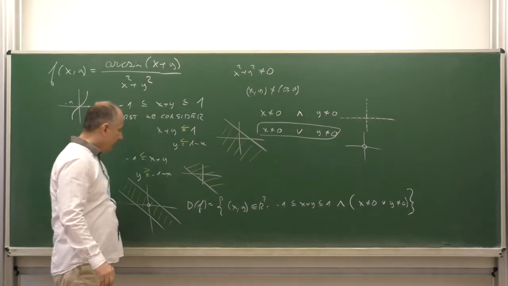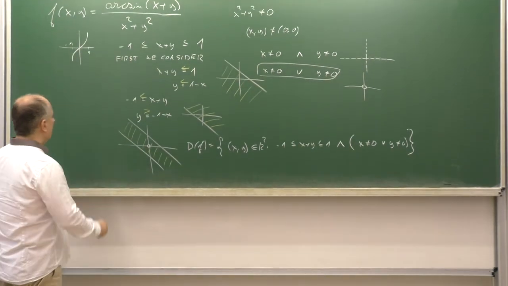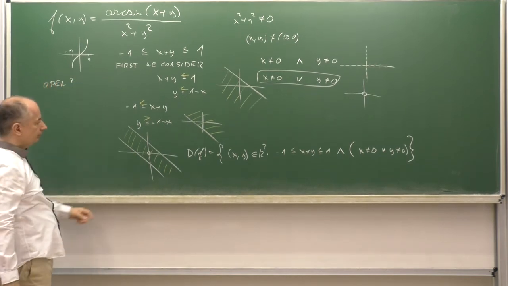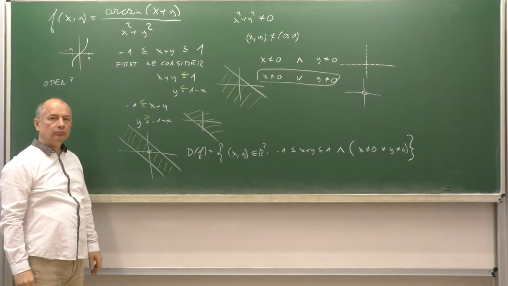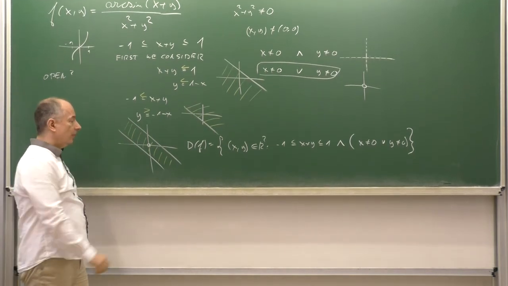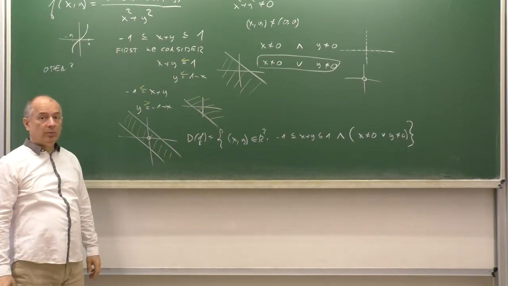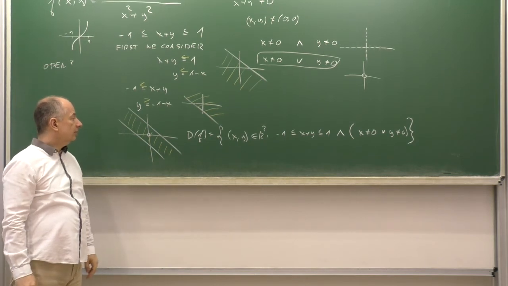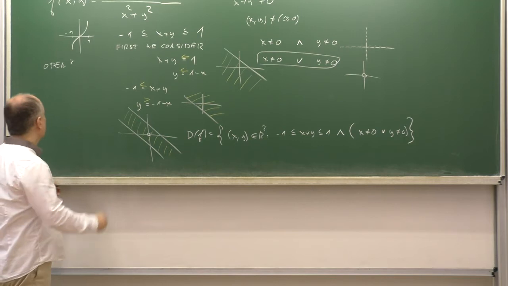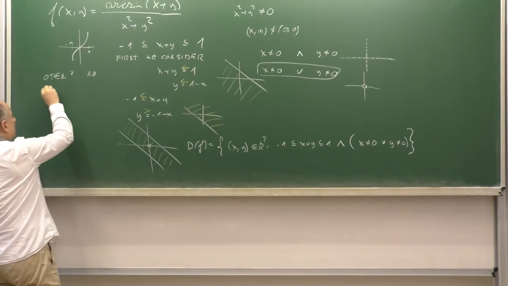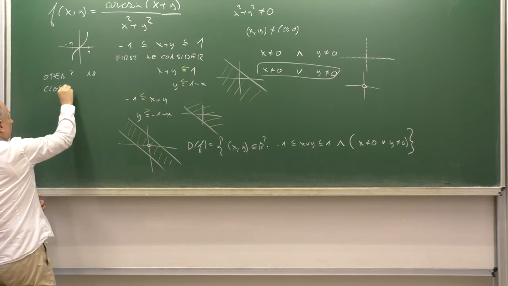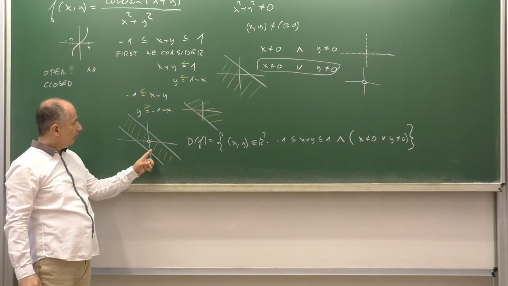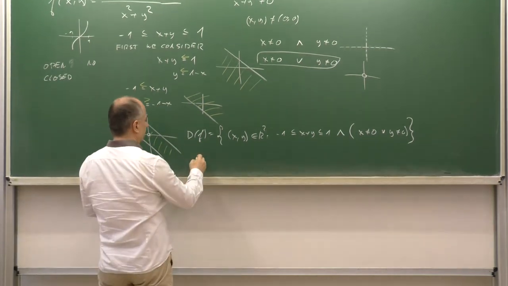Yeah, we can discuss the properties of this set. Is it open? No, it is not, because these boundary points belong to the set and they have a neighborhood which does not belong to the set. Is it closed? What's the complement?